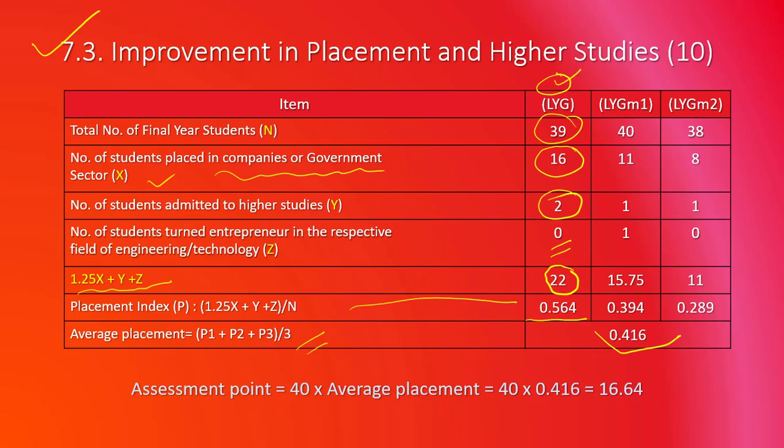If there is a decrease in trend, the department has to report the valid reason for the downtrend. So if the trend of placement and higher studies is decreasing, then the department should give some valid reasons so that the visiting team can accept that for awarding the marks.